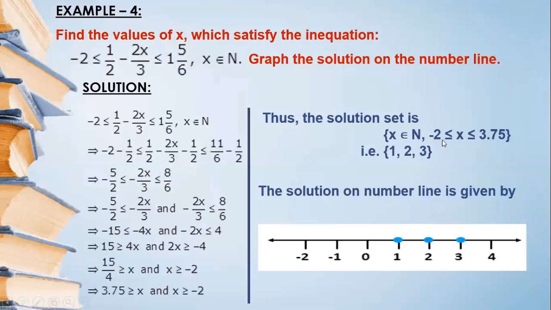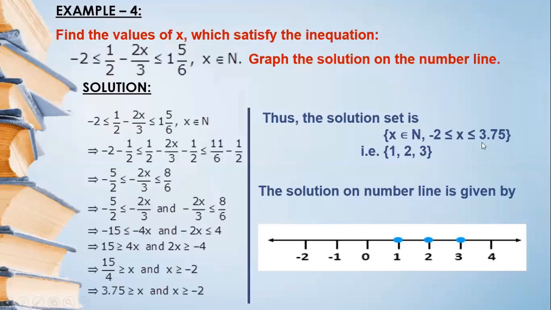So the natural number solutions will start from 1, 2, now 3 will come, but since here it is written x is less than or equal to 3.75, the natural number closest to 3.75 is 3.